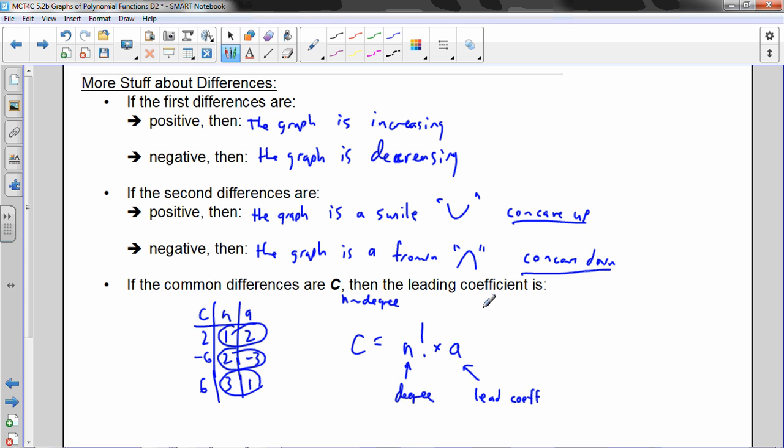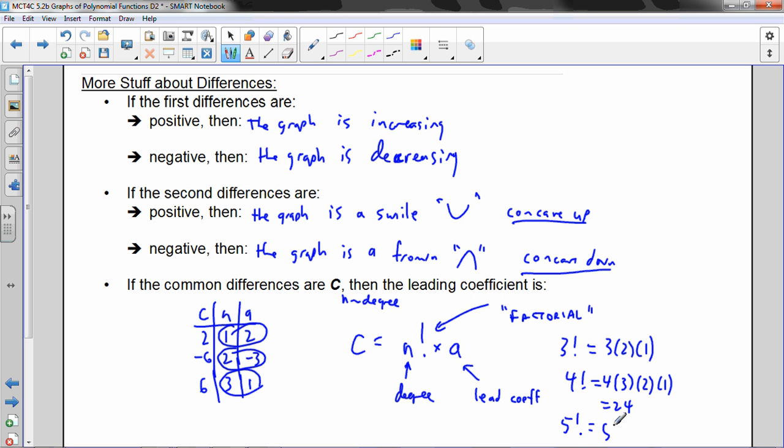Okay, what the heck's that? Well, it's called a factorial. And a factorial is an easy little thing where 3 factorial is equal to 3 times 2 times 1. 4 factorial is 4 times 3 times 2 times 1. 5 factorial is 5 times 4 times 3 times 2 times 1. It goes down until it gets to 1.